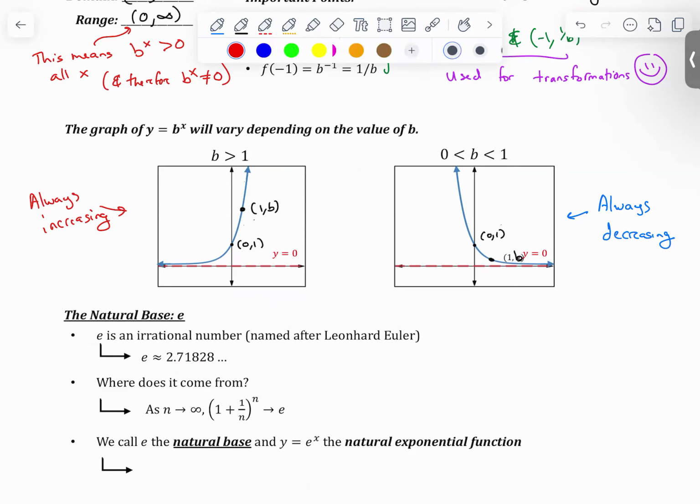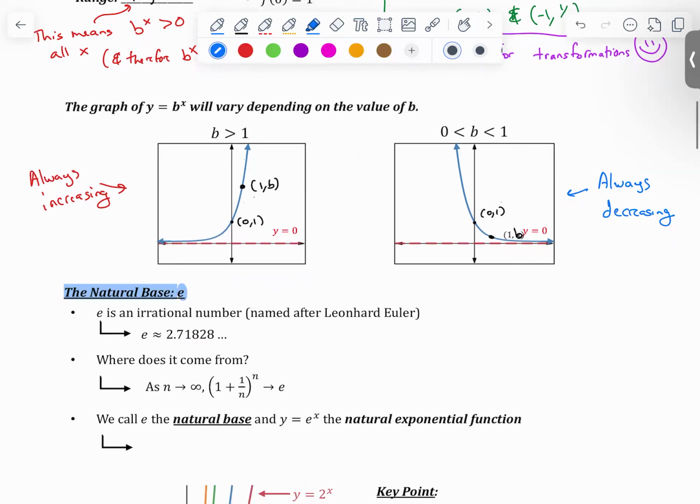I'm going to actually highlight this. So where does it come from? That might be a good question to ask. And the simple answer is that it comes from calculus. In particular, one of the aspects you'll learn in calculus is talking about limits at infinity. And this quantity, 1 plus 1 over n raised to the n, as n goes to infinity, will go to e. I encourage you, if you're bored this weekend, plug in like 1,000 for n.